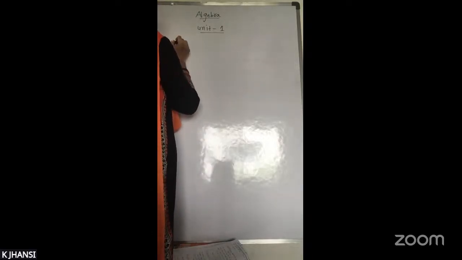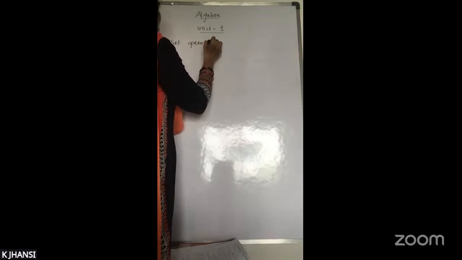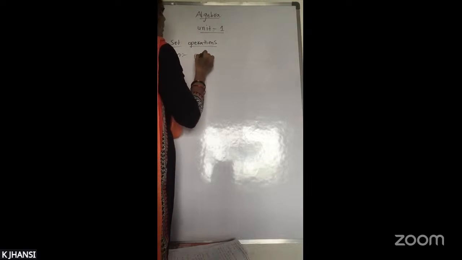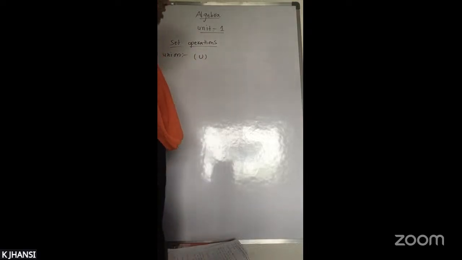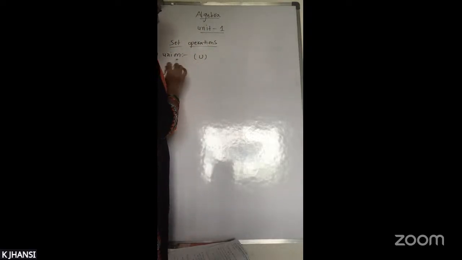So set operations, first one is union. The symbol we use is U for union. You can see the definition in the textbook.